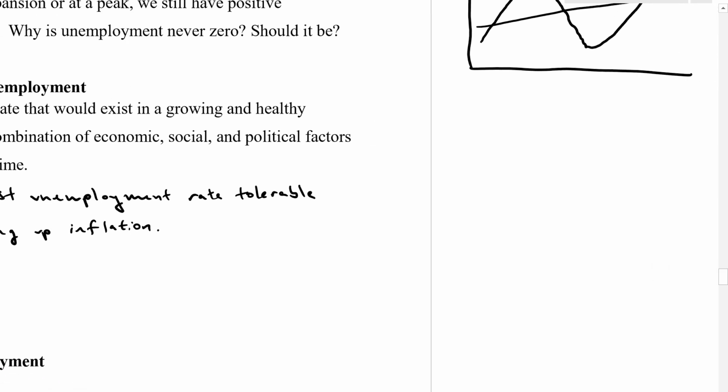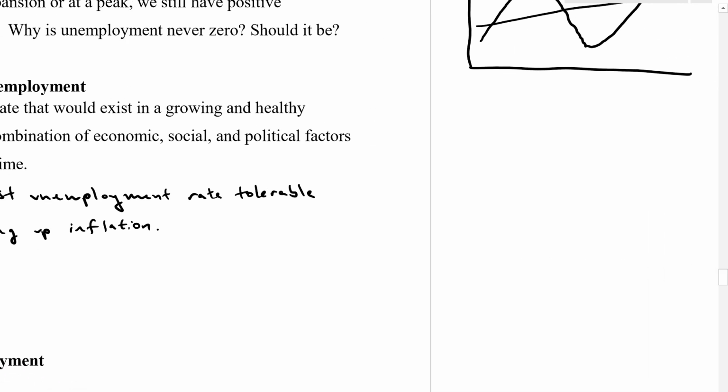Okay, and the idea here is that if the unemployment rate starts going down, let's do this over here, the unemployment rate goes down, and if it continues to go down, it gets very low, all of a sudden everybody who's looking for a job has a job. How are employers going to attract new workers? At some point, they have to increase wages.